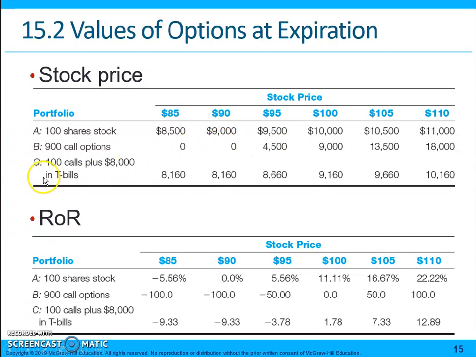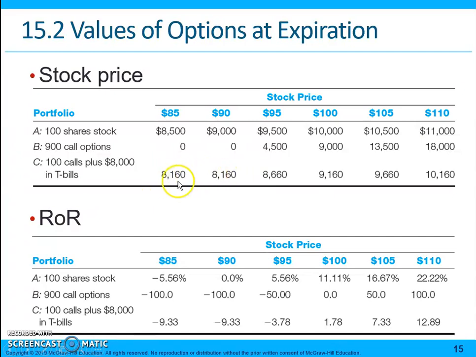And then the last strategy, 100 calls at $8 plus investing $8,000 in T-bills. I don't really understand why they show this one, because the returns are that you're out the cost of the calls.